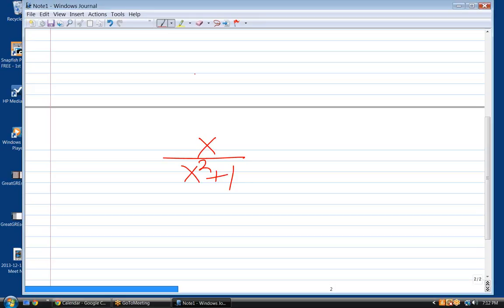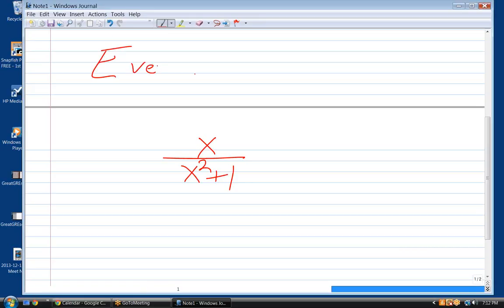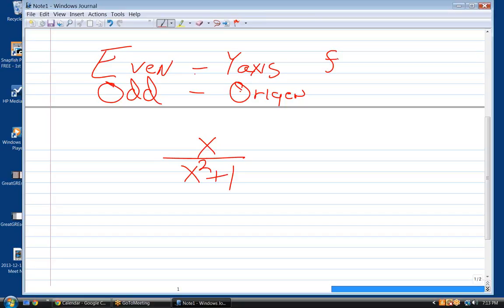Y-axis symmetry means it's even. Odd means origin symmetry. And x-axis, that isn't really measured by even or odd, but even symmetry means f of minus x is equal to f of x.